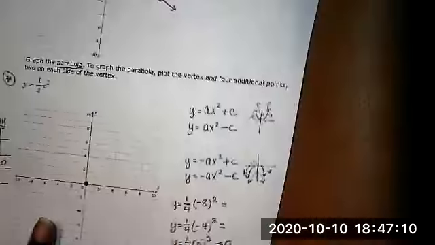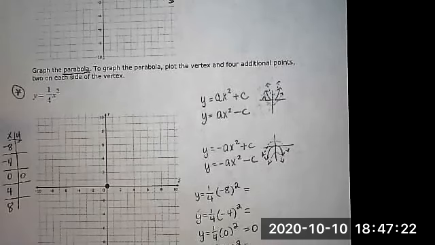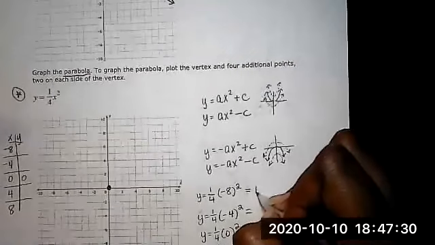All right, so let's put that in my calculator. I get 1/4 times -8 squared is going to give me 16. So that looks like it's going to be kind of outside of my graph.